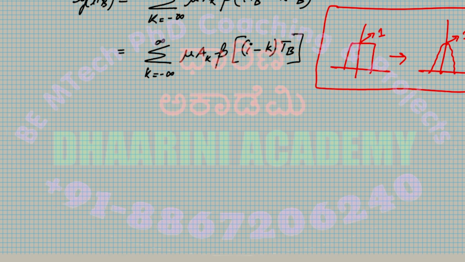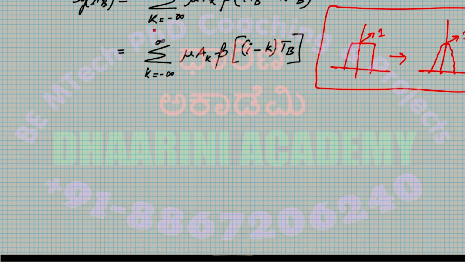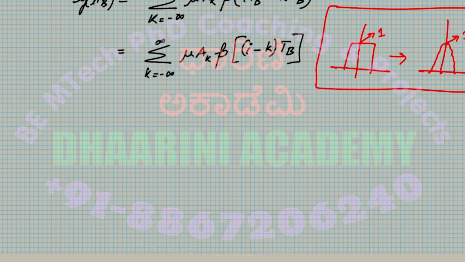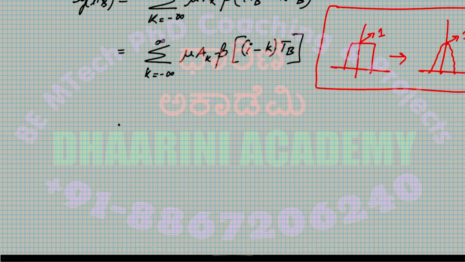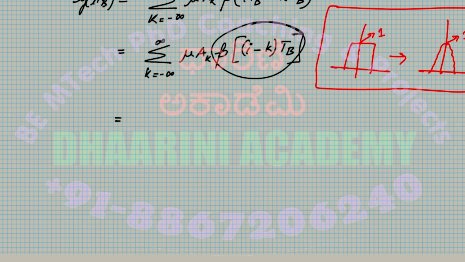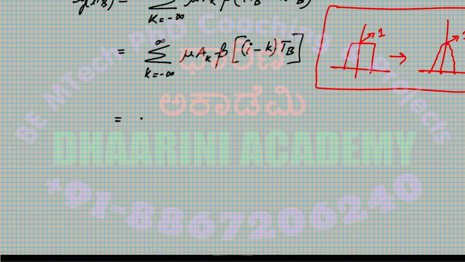Let me take out that one point where I is equal to k from inside this summation. Now you see, when I becomes equal to k, this becomes P of 0, which is 1. So what remains? The amplitude is only mu into ak. So you are taking out the mu into ak. Let me still write the P value here, I'll write it as P of 0.